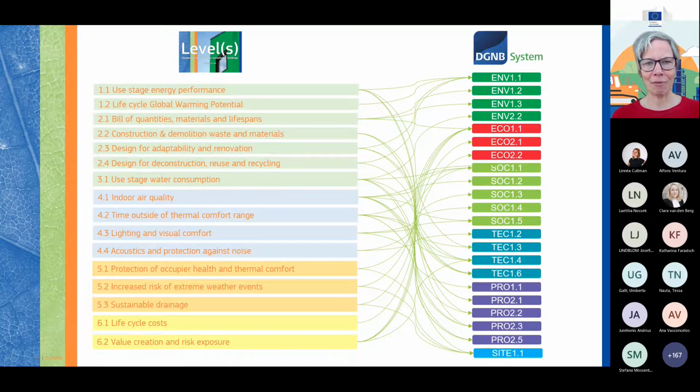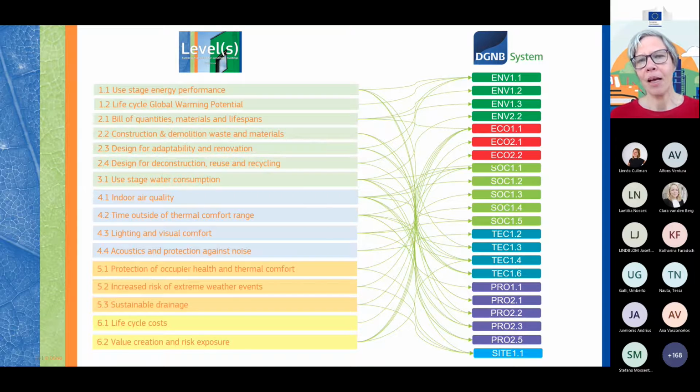So please don't get confused, but we did a very thorough analysis and assessment and decided where the Levels indicators were best placed in the DGNB system. At the end, we made sure that everything was included.